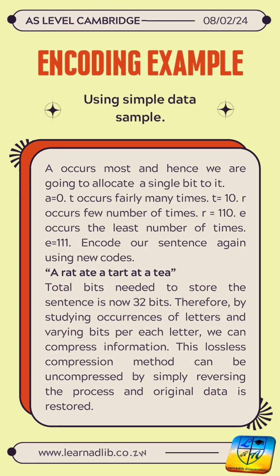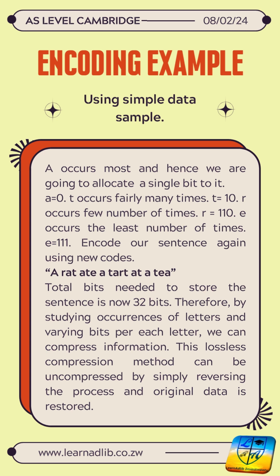Let's go to the next slide so that you can see that with this kind of compression, we can even further compress the file. Yes, we can even further compress the file. Look at what is happening there. Instead of us having 2 bits per character, we have seen that A is occurring many times in that sentence.